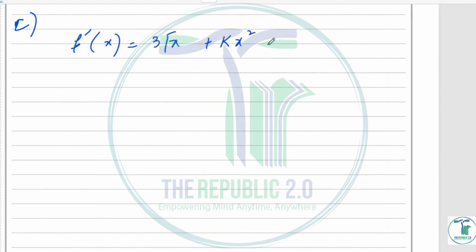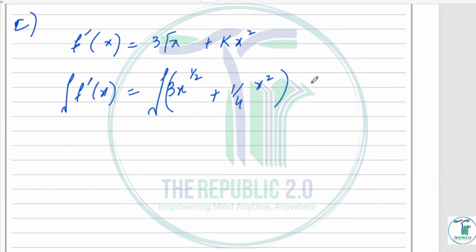If we have got this expression, we just need to integrate it on both sides. So f prime of x, and over here, 3x to the power of 1 by 2 plus the value of k, which was 1 by 4 x squared, times dx.